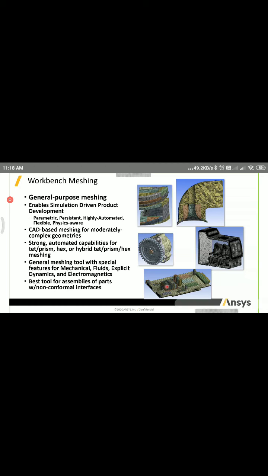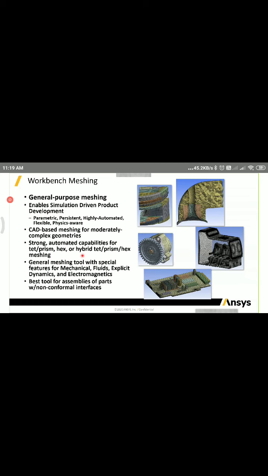So many things can be catered to in the Workbench mesher. Right? At the same time we can take these meshes to CFD applications if you are dealing with CFD with moderate geometries. It is a very good tool for doing parametric studies. If you have parameters, you can import them from native CAD or create them in SpaceClaim, and you can deal with parametric studies to see what optimized results you can get.